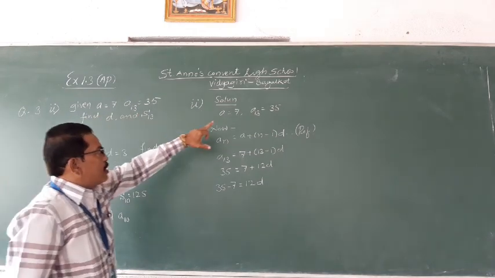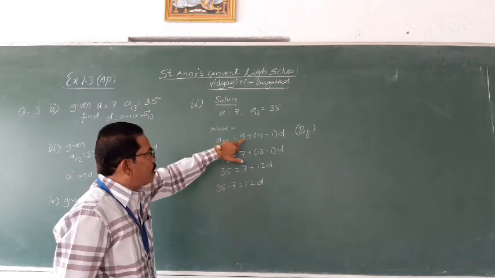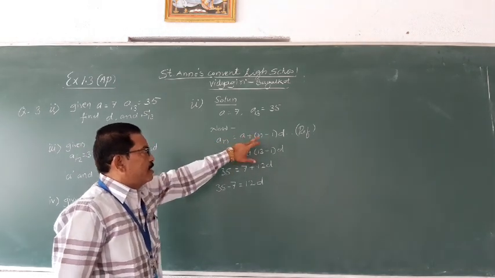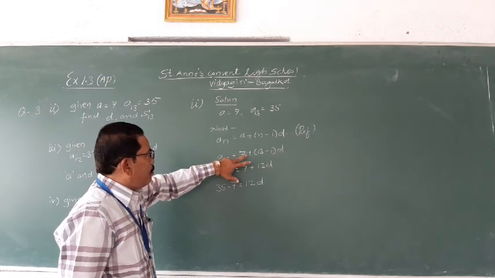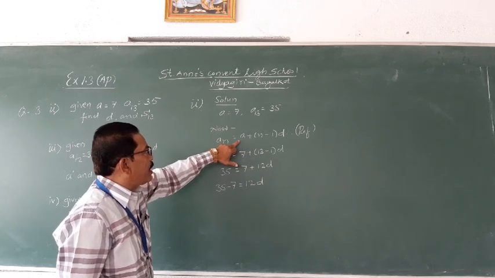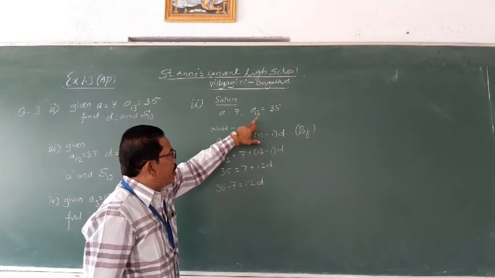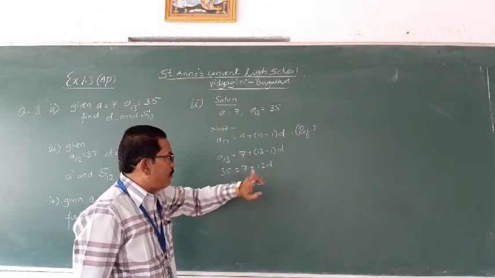Given a equals 7, a13 equals 35, we have used an equals a plus n minus 1 into d. This one is the referring formula. That value is substituted. a equals 7, n, the number of terms, is 13, 13 minus 1, d is not given.